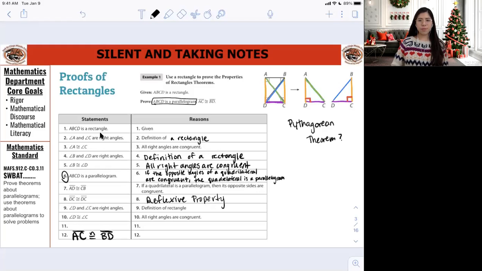In order to prove that, look what they did. They split this into 2 triangles, right? We split it apart. I have 2 triangles. I'm trying to prove that the hypotenuses are congruent to each other, but I can't quite get there yet. I need to prove one thing first about these 2 triangles.